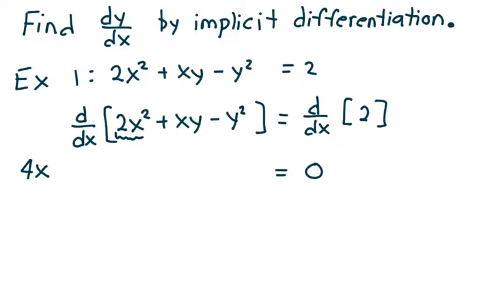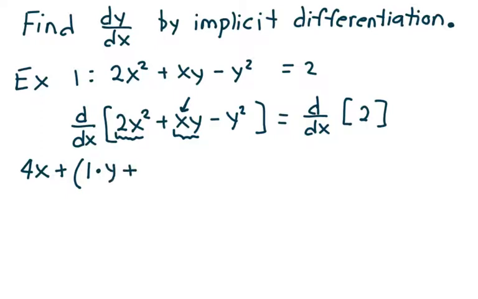Okay? Now, when I have x times y, remember here, we're differentiating with respect to x. Okay? And so let me create a little room here. Let's do this. So I'm going to apply the product rule. So I'm going to take the derivative of x, which is 1, and multiply by y.